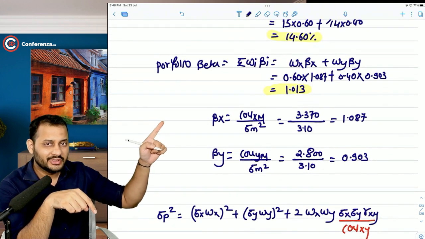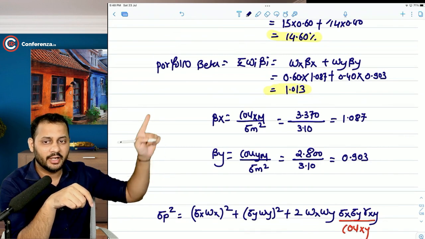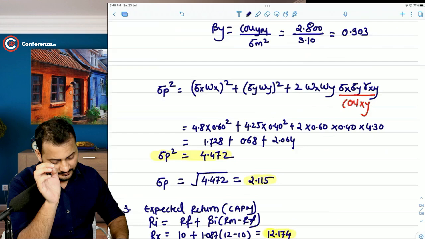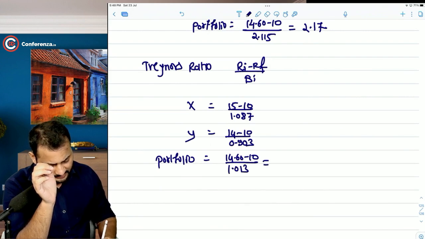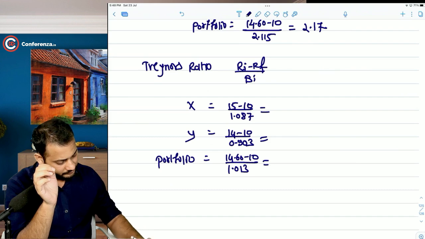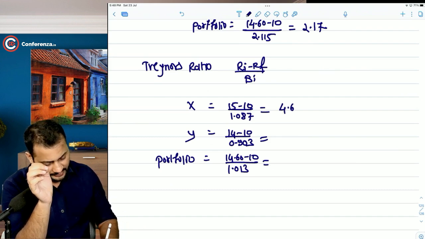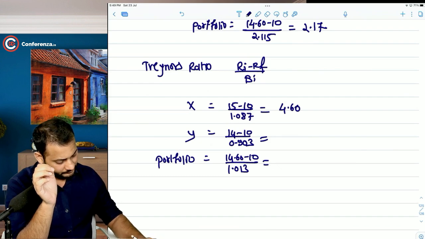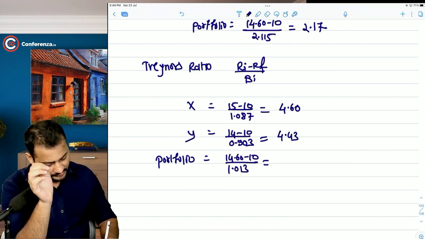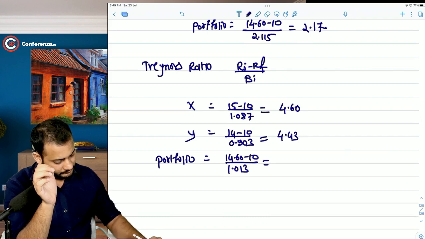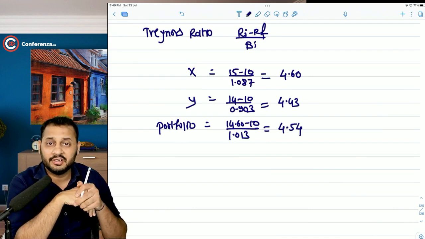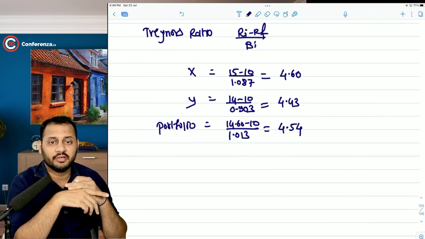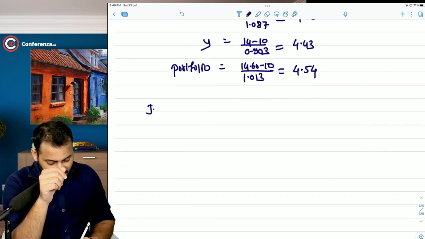Beta of X 1.087, beta of Y 0.903, and the beta of portfolio is 1.013. Let's find out. 4.6, 4.43, 4.54. This is the Treynor's ratio. Okay. Then comes the Jensen's alpha.